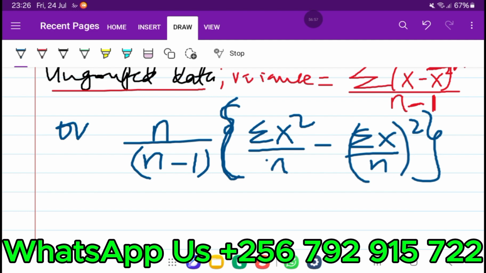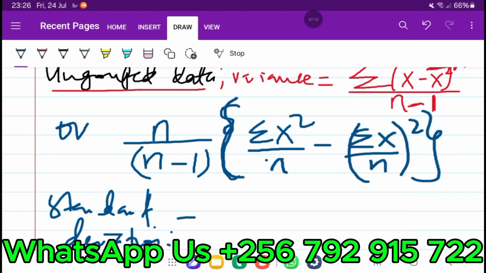Because I told you for variance, we use s squared. Now, if you are getting the standard deviation, of course, the standard deviation of a sample will be the square root.